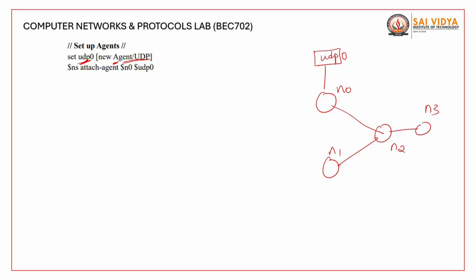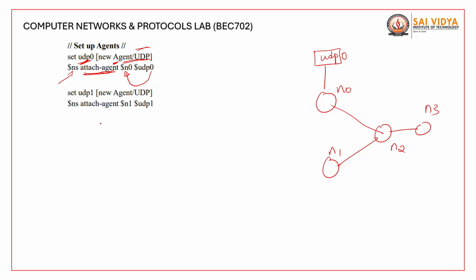A is capital here, UDP is capital here. So to which node is it to be attached? There is a keyword attach-agent here. Attach-agent $n0 $udp0. That means udp0 is to be attached to the $n0 node. So all these events are reported to which object? That is ns.